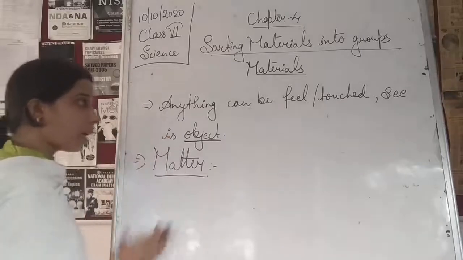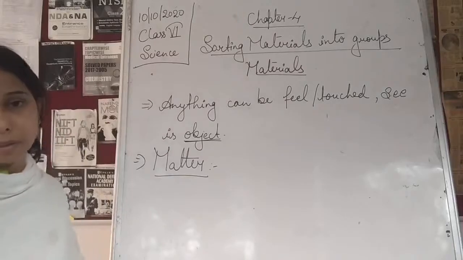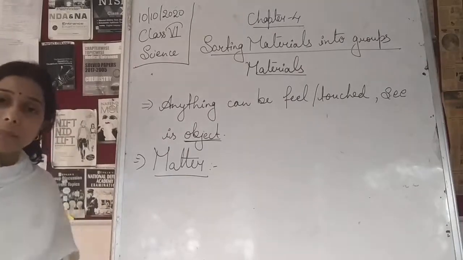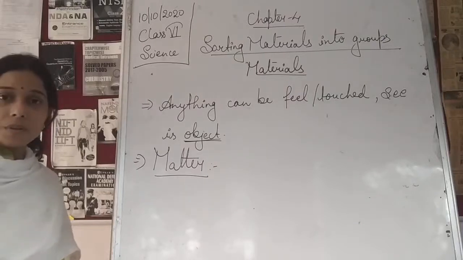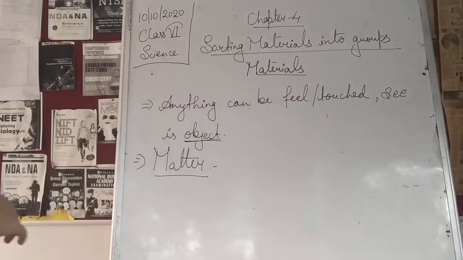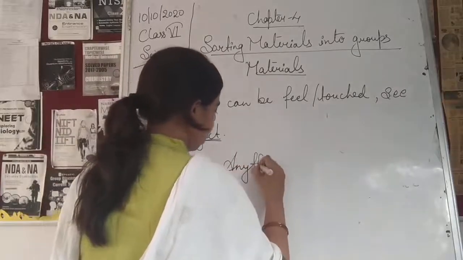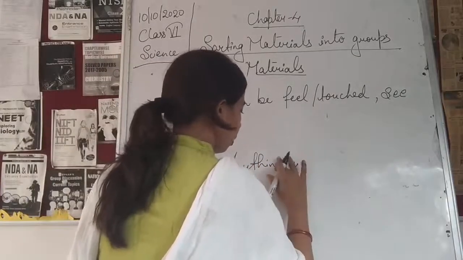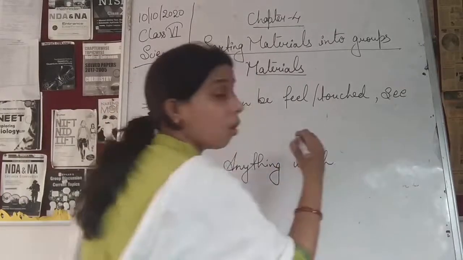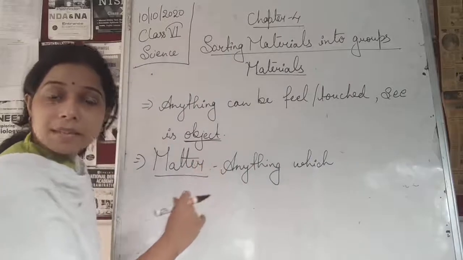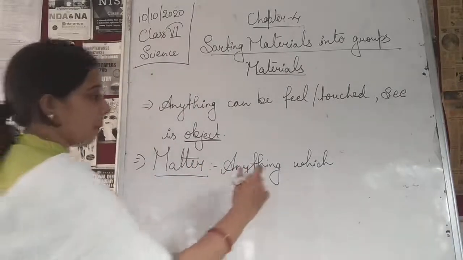If we are talking about the material and the object, let us discuss matter first: what do you understand by matter, and then what is material. Matter is anything which occupies space and has mass.